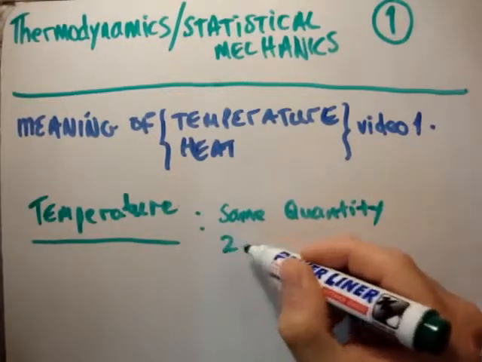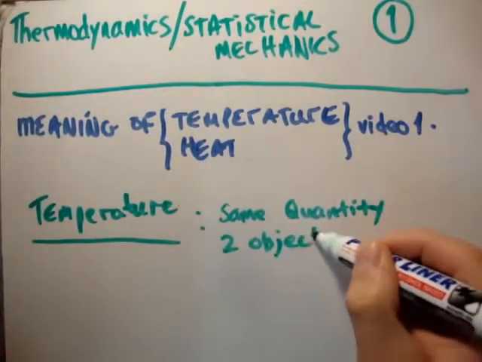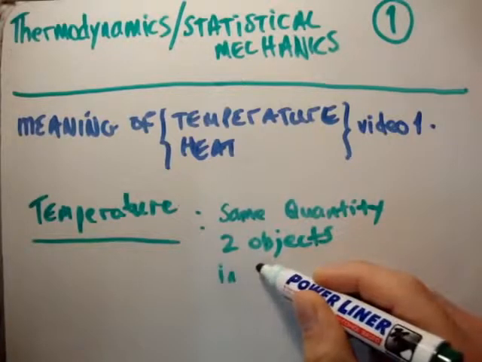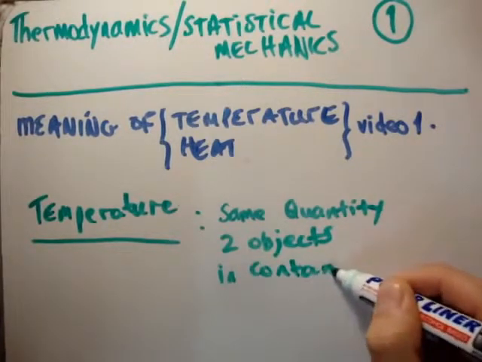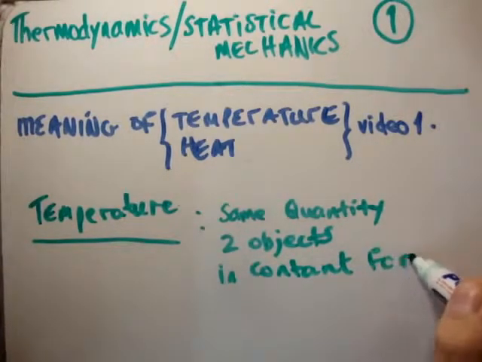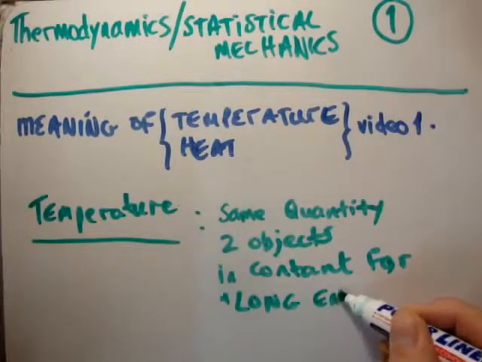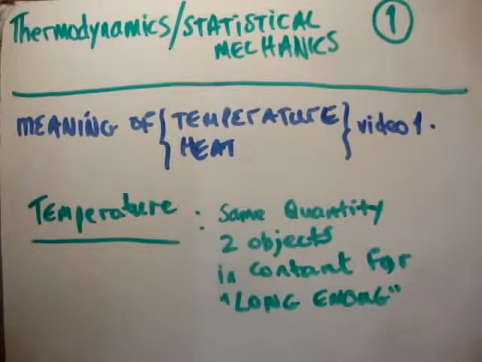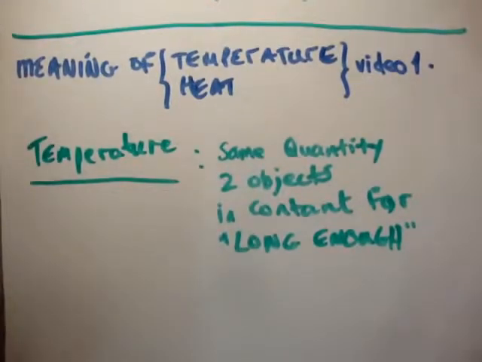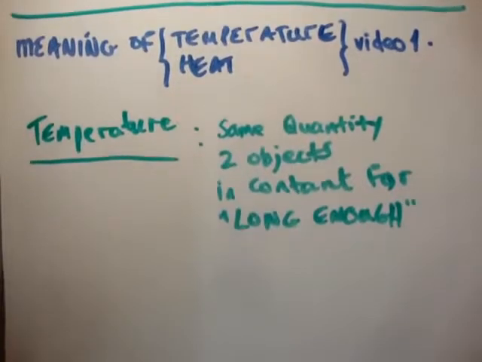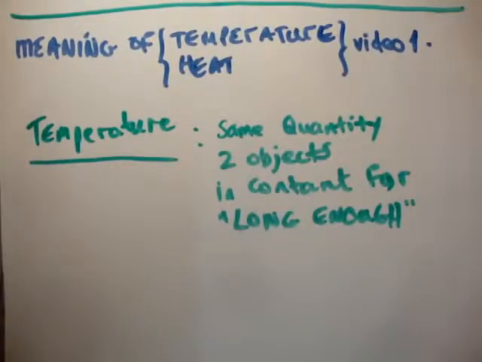That's a very general description of what temperature is, but it's actually a reasonably good one. So temperature is the same quantity which two objects have when they have been in contact with each other for long enough.